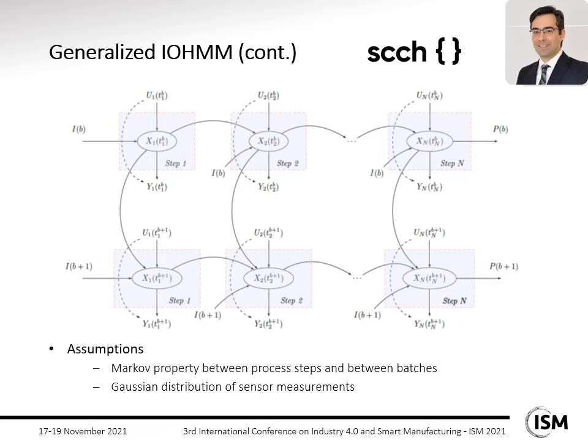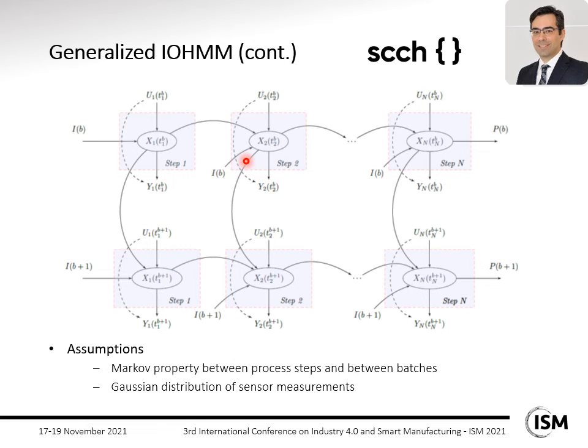In particular, and as we mentioned in the previous slides, we have assumed that the operating mode in one of the steps, let's say step 2, will be influenced by the operating mode in the previous step, as well as by the operating mode of the same step when processing the previous batch.